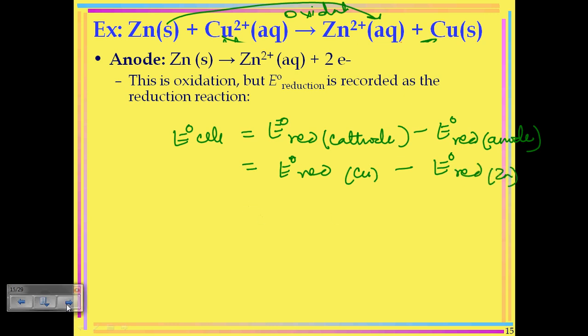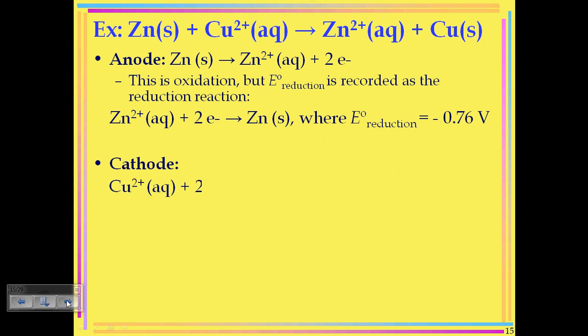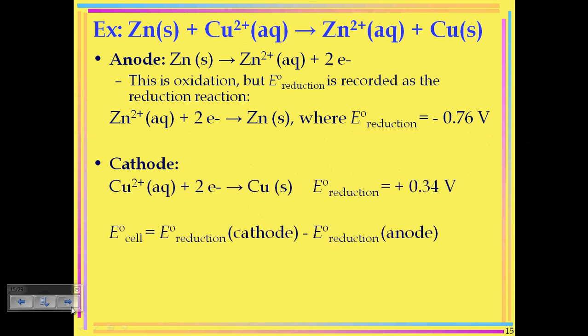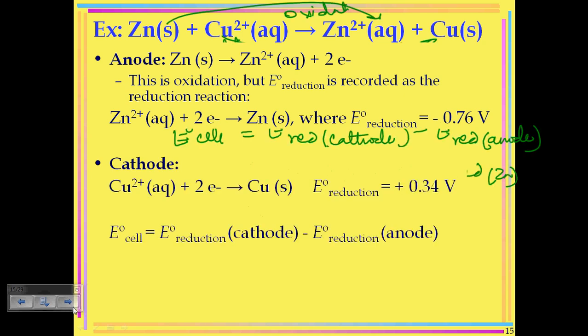Okay, and you can see there is a big chart. It is actually at the back of your periodic table that you've been using on your tests and quizzes, and that chart is called a reduction potential chart. I'm going to go over it with you in class. This chart is listed from highest to lowest reduction potential.